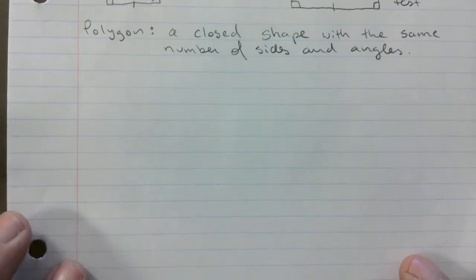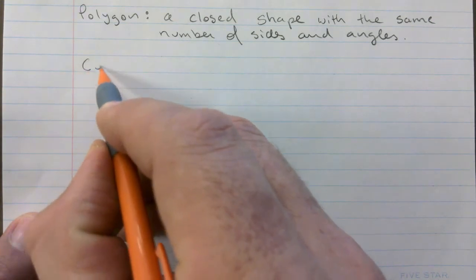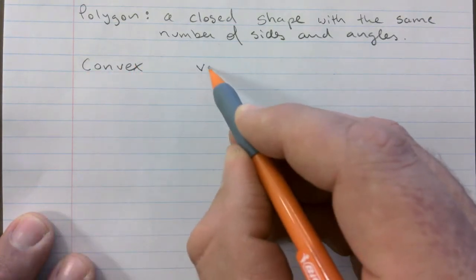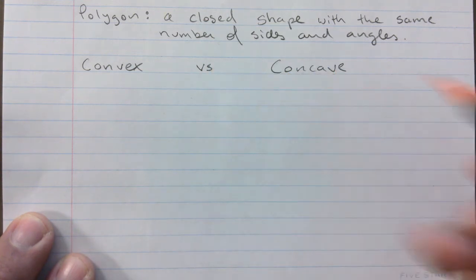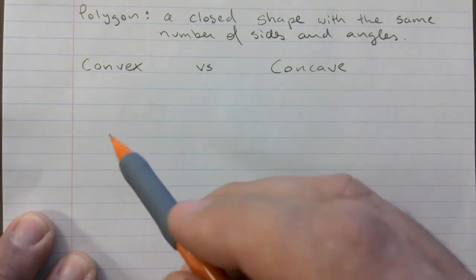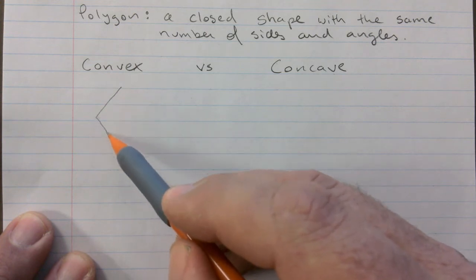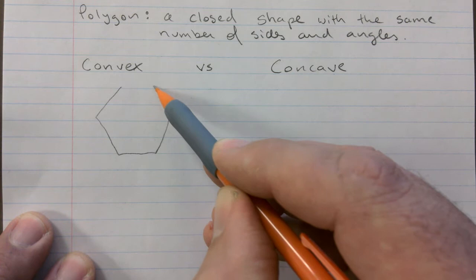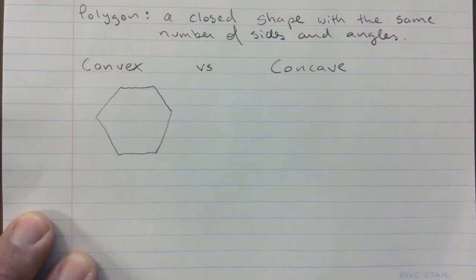The other difference you need to know is convex versus concave. And I'll just give you a diagram for each one of them. That would be a convex. It's a hexagon.